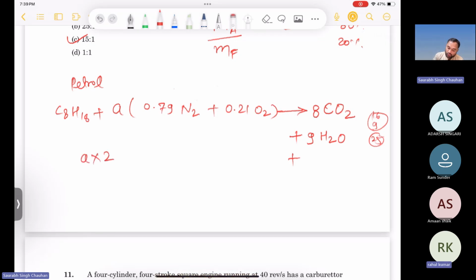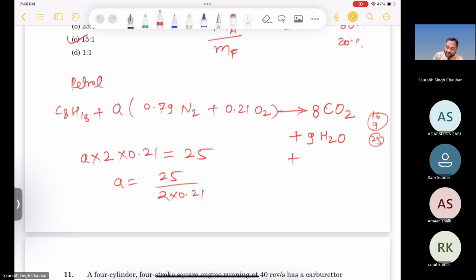A into 2 into 0.21, right? That should be equal to 25. So A will be equal to 25 divided by 2 into 0.21.